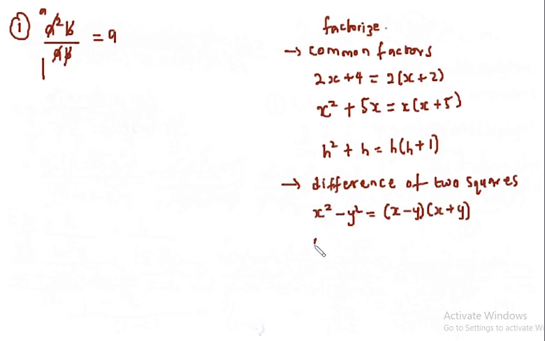Another example could be 4 minus x squared. 4 can be written as 2 squared, so 2 squared minus x squared is a difference of two squares, just like this one. Then this is 2 minus x, times 2 plus x.